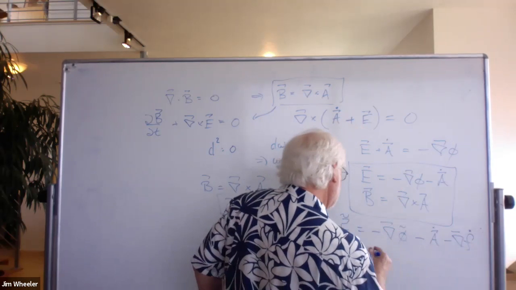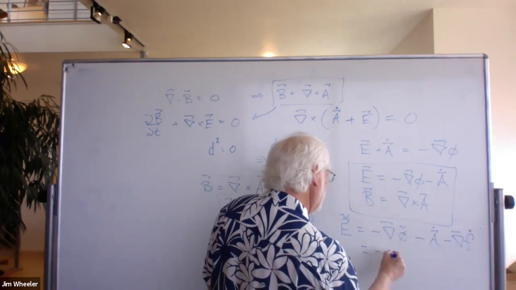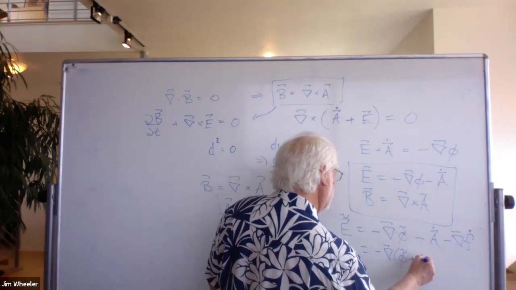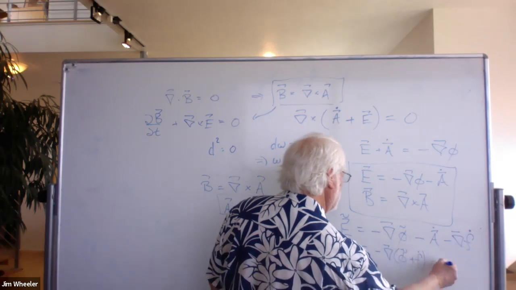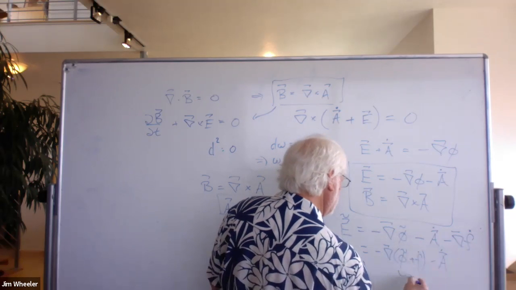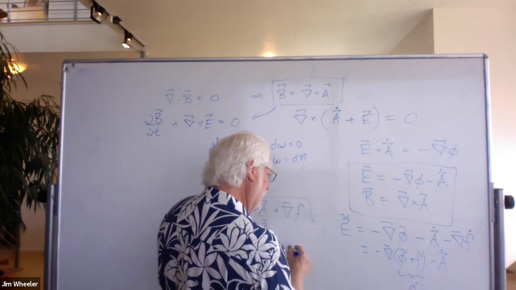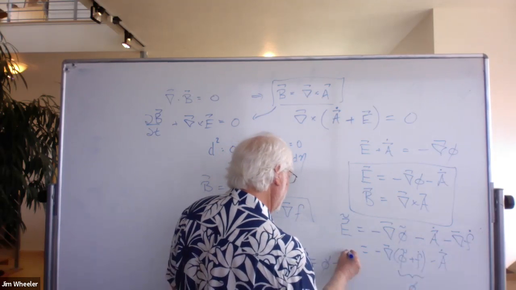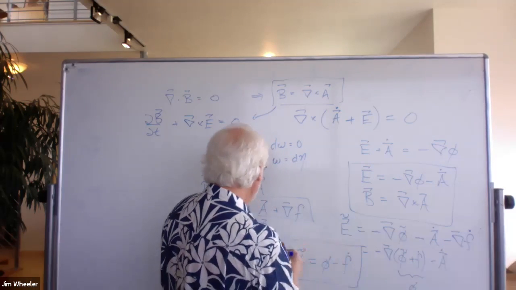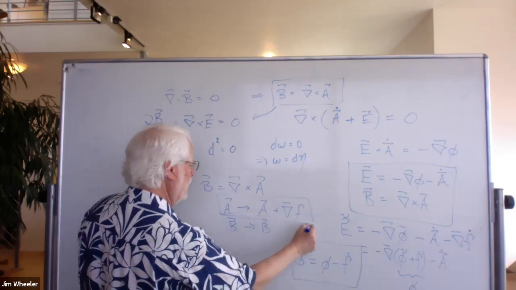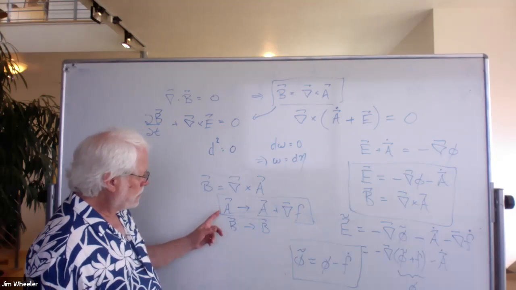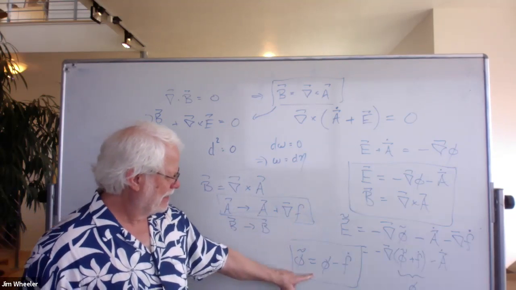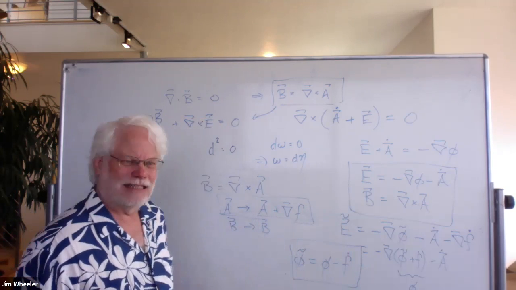And we can write this as minus the gradient of phi tilde plus f dot, minus A dot. And this is equal to E provided phi tilde is phi minus f dot. So these two transformations: the spatial component changing by a gradient, the time component changing by a time derivative.